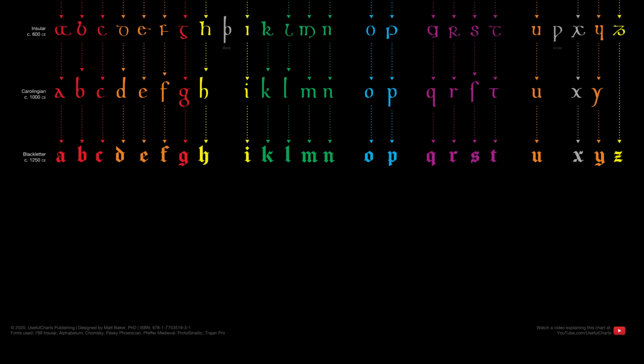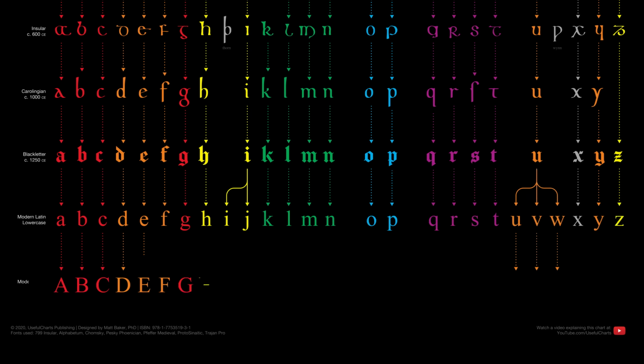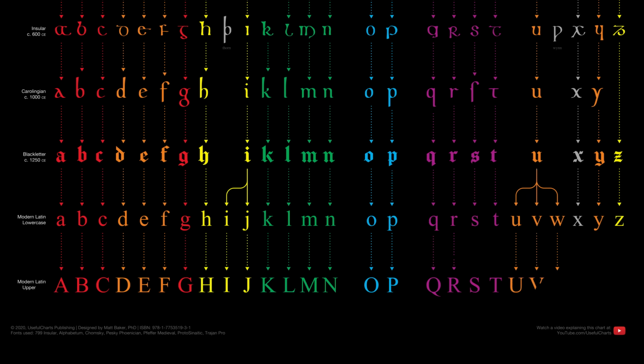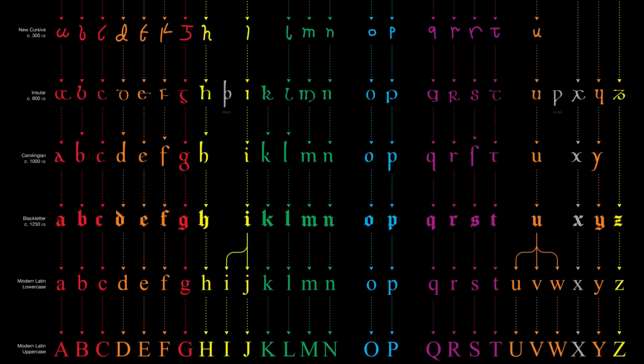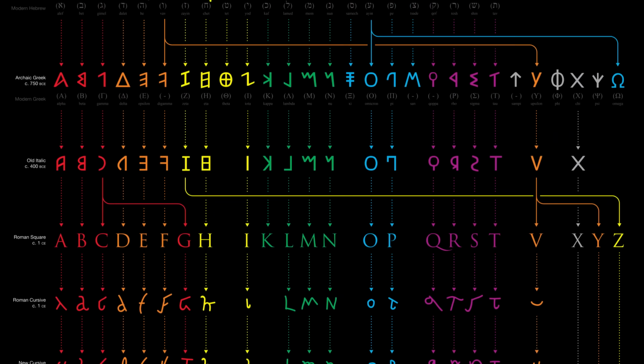At that point, the letter shapes quickly started to look like the lowercase letters we see in serif fonts today, and were combined with the old Roman capitals, which were used at the start of sentences in order to increase readability. So now that we've done that overview, let's go back and talk about some of the individual letters.